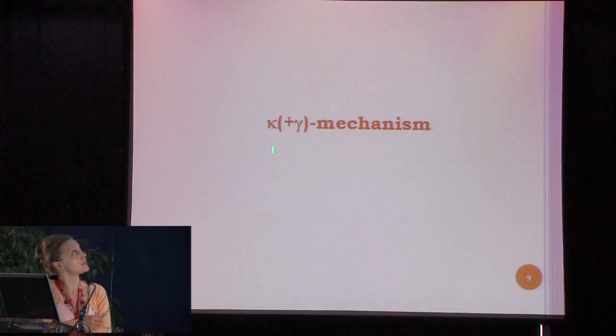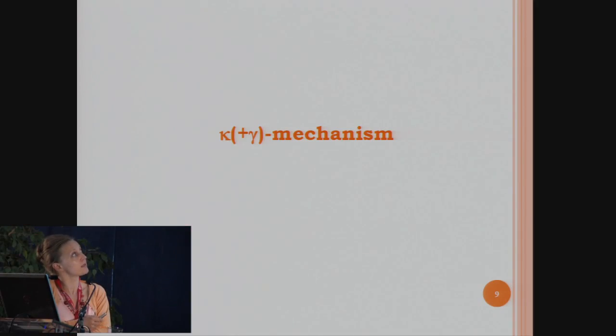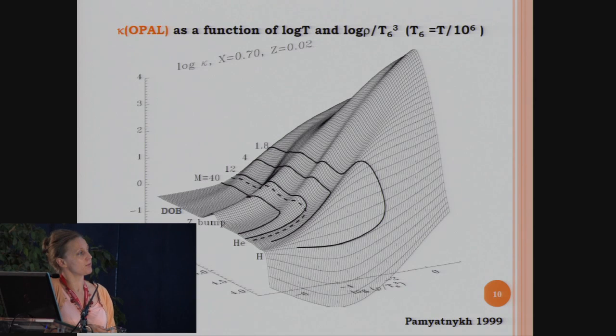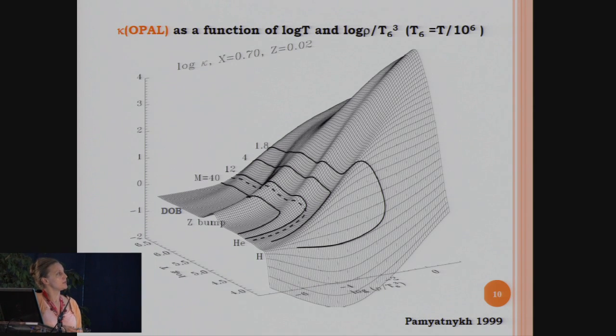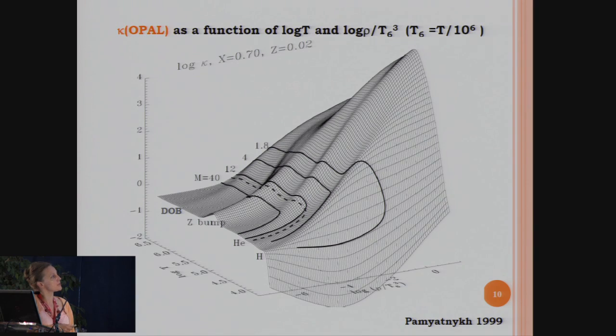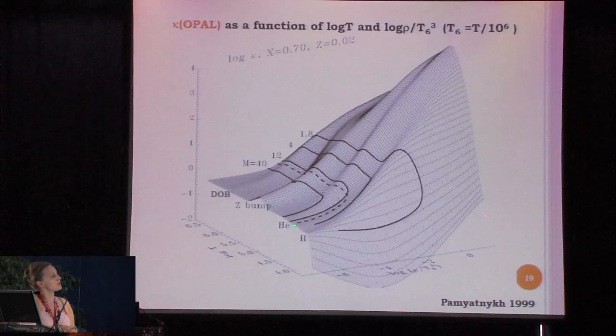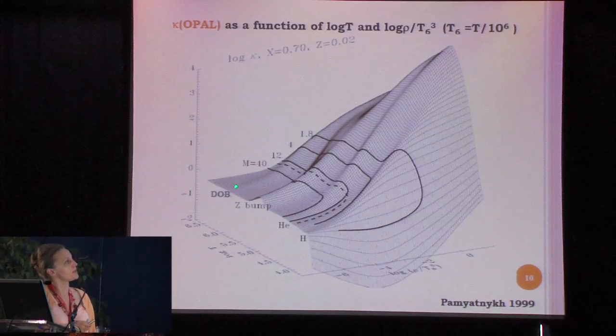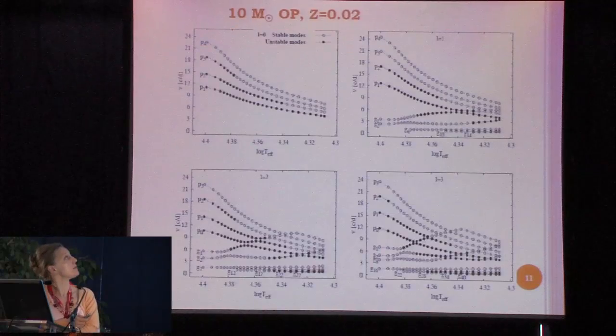And as for this kappa, sometimes plus gamma mechanism, this mechanism is, of course, as you know, connected with these four bumps. This is the hydrogen bump, this is the helium bump, this is the Z bump, and this is the deep opacity bump. Okay.